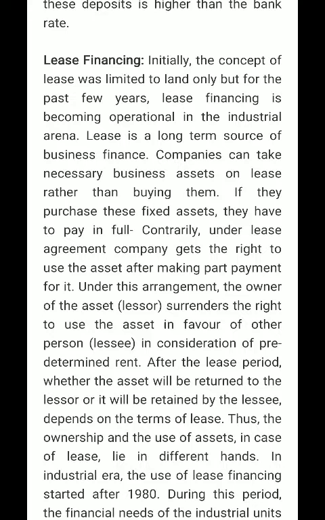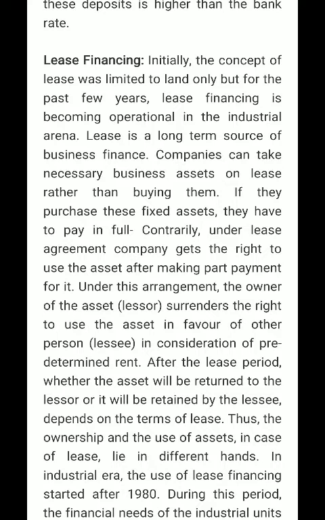If they purchase these fixed assets, they have to pay the full value. Under the lease agreement, the company gets the right to use the assets after making a part payment for it. Under this arrangement, the owner of the assets surrenders the right to use the assets in favor of another person in consideration of a predetermined rent.